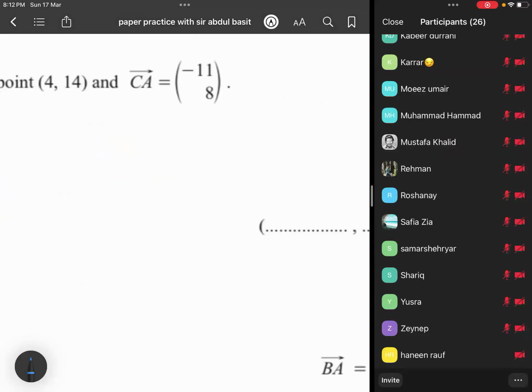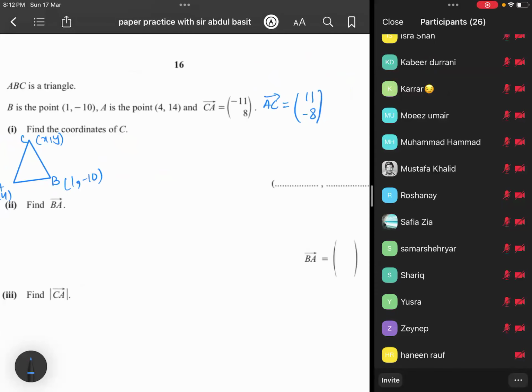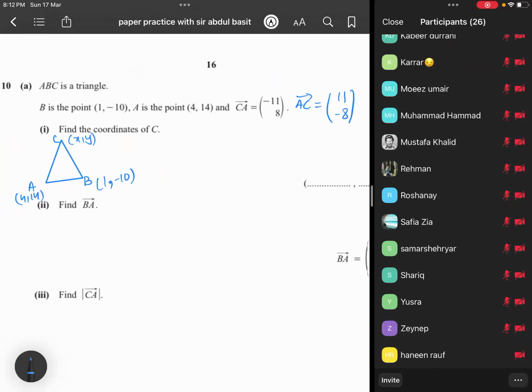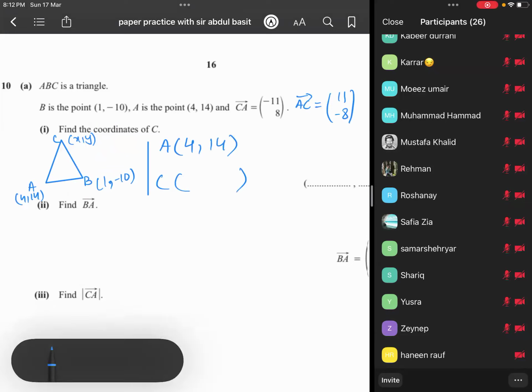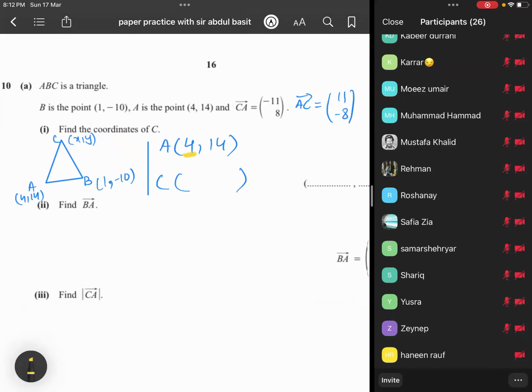So let's find out A to C vector. Reverse the sign: plus 11, minus 8. Is this clear, Amna? Okay, Amna, the coordinate of A is (4, 14). The coordinate of C would be, I am at 4, I need to take 11 towards right, so 4 plus 11 is how much? 15.